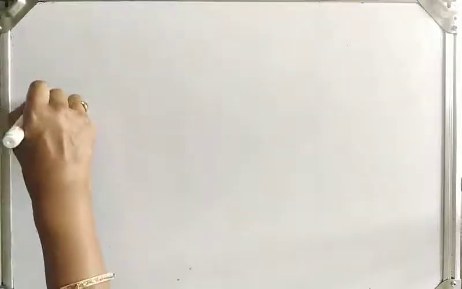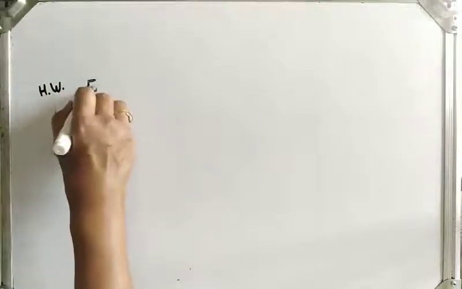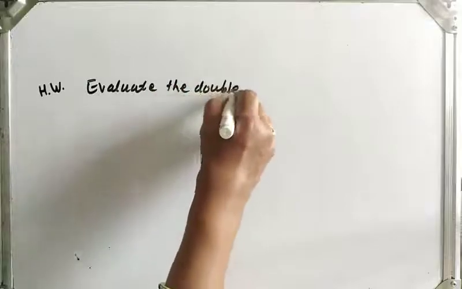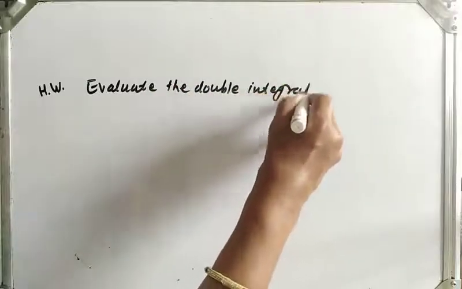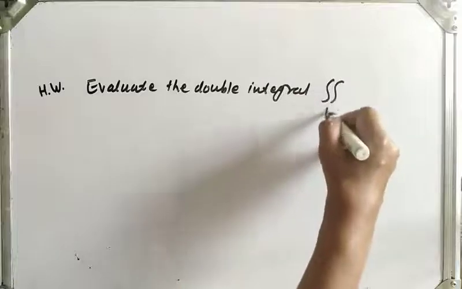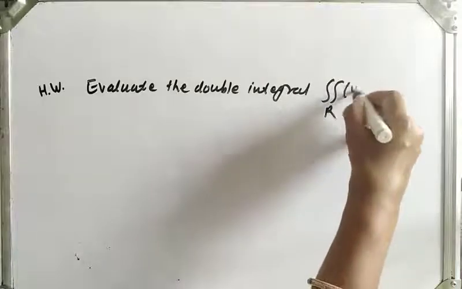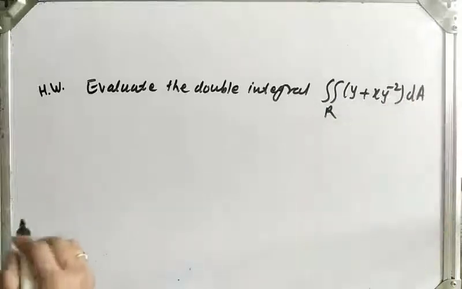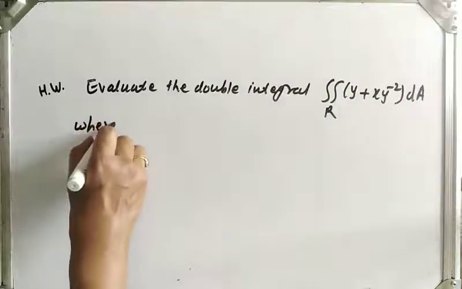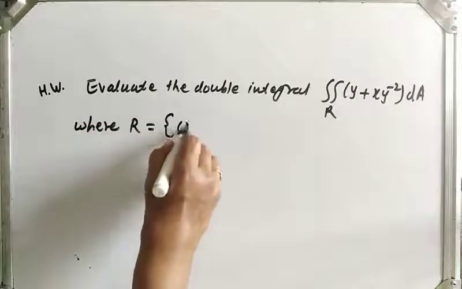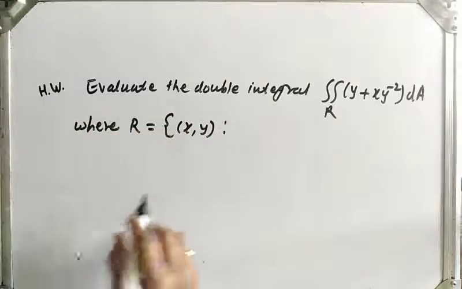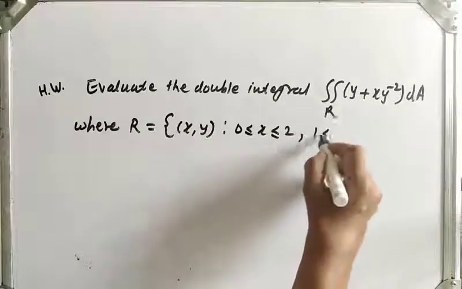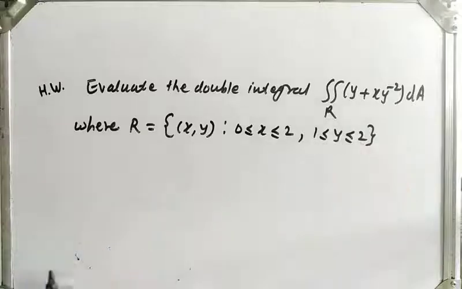Next example, take it as homework. Evaluate the double integral over R of (y plus xy) raised to minus 2 dA, where R is the set of (x, y) such that x is between 0 to 2 and y is between 1 to 2.